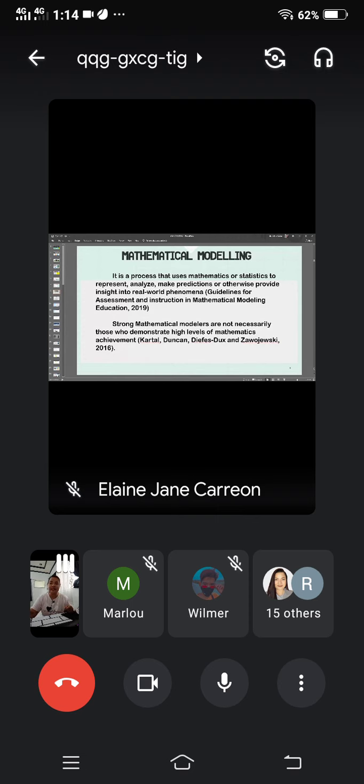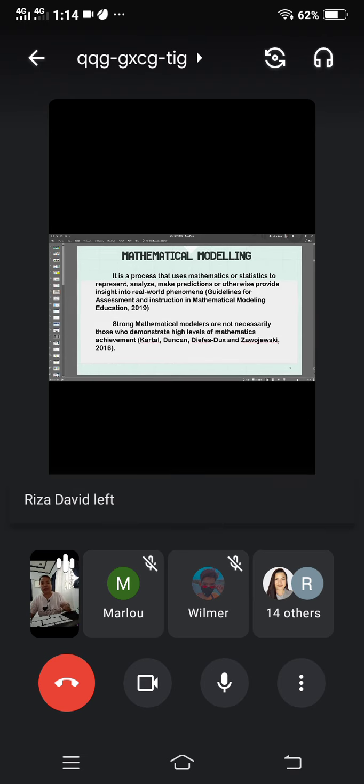While in mathematical modeling, it is a description of a system using mathematical concepts and language. So, mathematical modeling is usually used in natural sciences such as physics, biology, earth science, chemistry, engineering, and other social sciences.